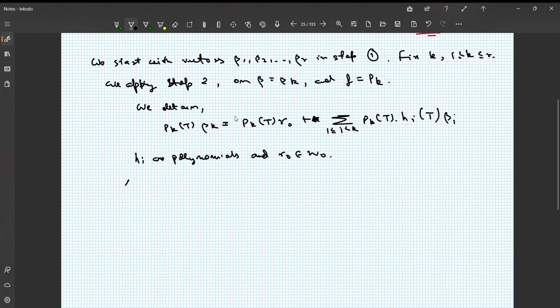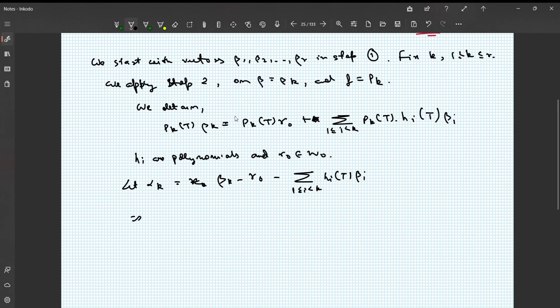Then what we do? We choose a vector alpha k. Let alpha k be given as beta k minus gamma naught minus the summation over 1 less than or equal to i less than k of h i of T applied to beta i.